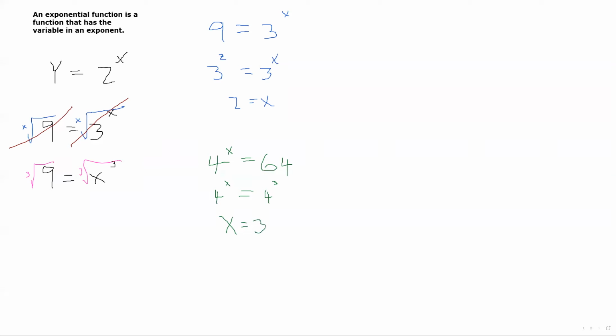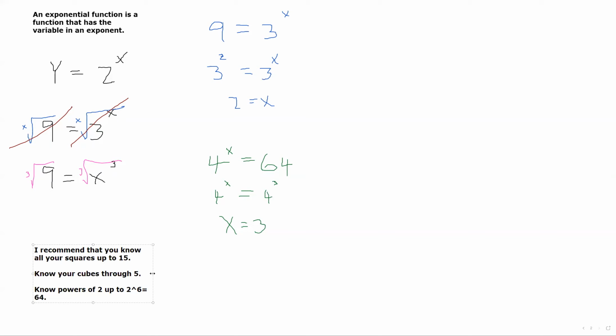I strongly recommend that you know all your squares up to 15. 15 squared is 225. Know all the numbers up until that point. Know your cubes through 5. 6 isn't bad to know as well. And know powers of 2 up to 2 to the 6th equals 64.